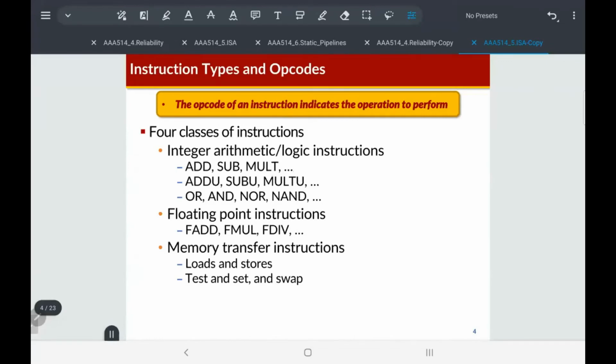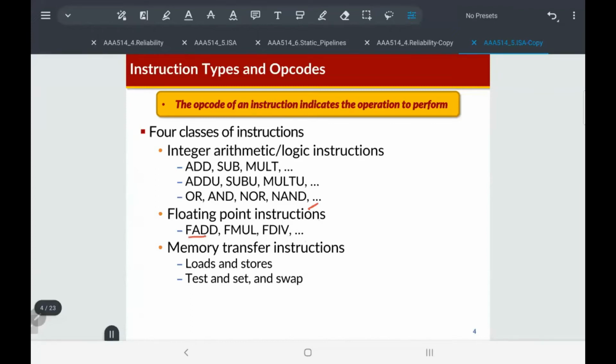Also, we can use logical instructions such as OR and NAND, which perform logical operations. Also, we can define floating point instructions like fadd, fmul, fdiv.